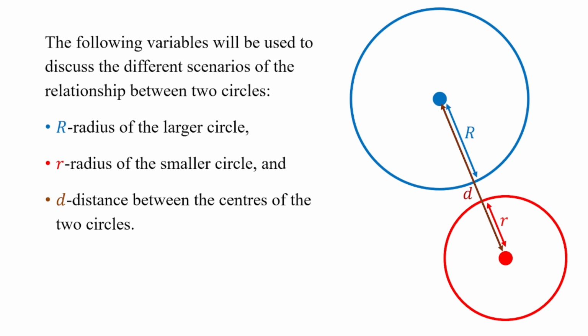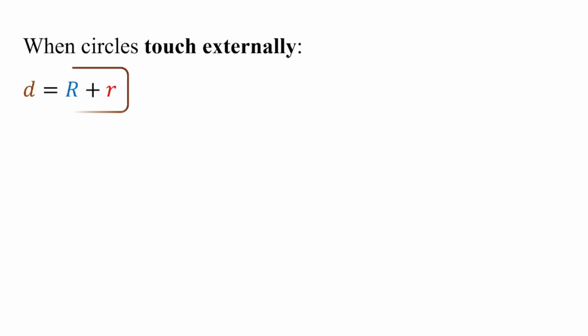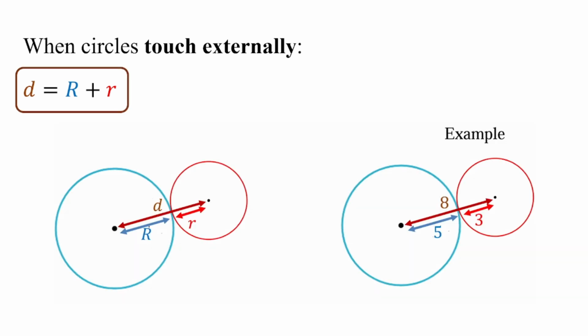The first situation is that the circles may touch externally. When the circles touch externally like this, the sum of the larger radius and the smaller radius is equal to the distance between the two centers.